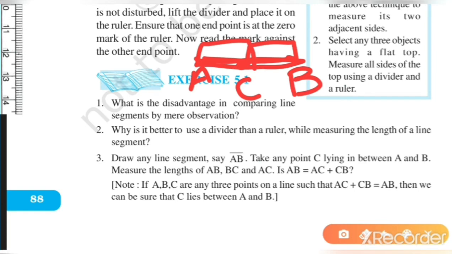The measurement of AB equals to measurement of AC plus CB, because C is between A and B. So measurement of line segment AB equals to measurement of line segment AC plus measurement of line segment CB.